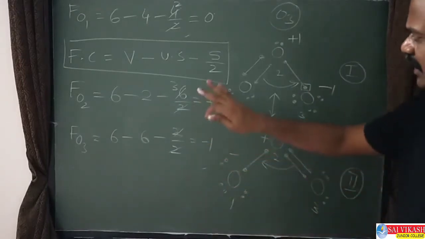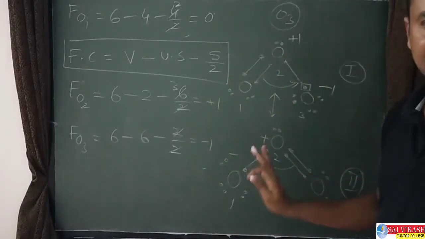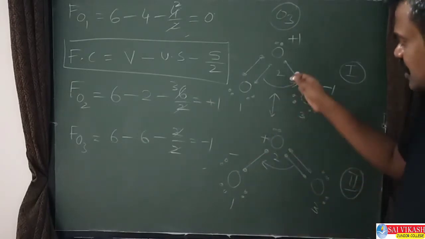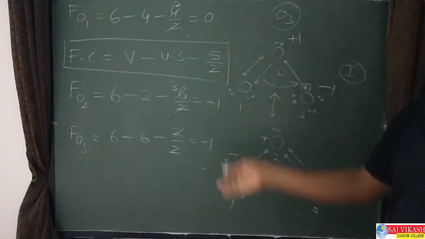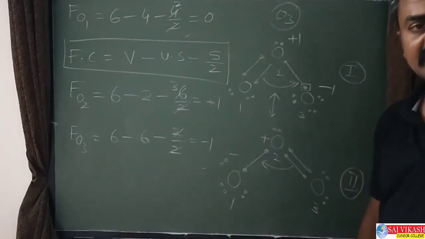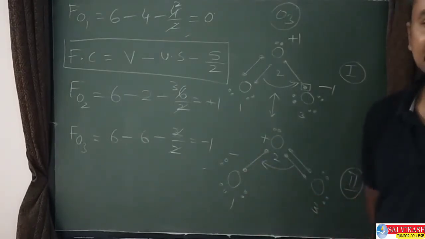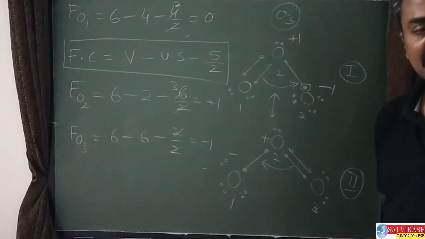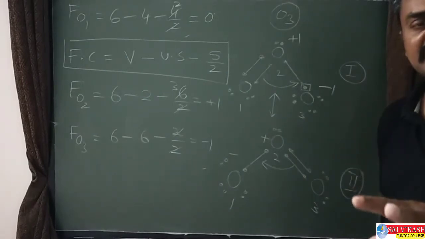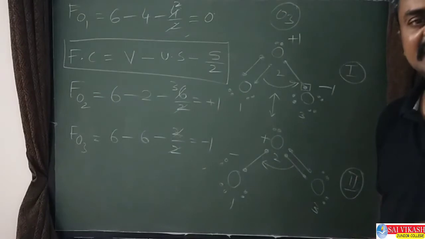Whatever other resonating structures are given, in these resonating structures the same answers are coming. In some other resonating structures the same answers will not come. Then in that case, we can find out which one is the more stable resonating form and which one is the less stable resonating form.